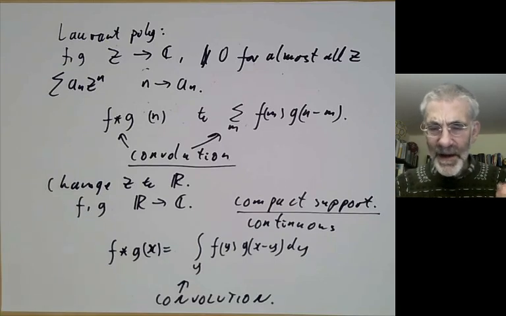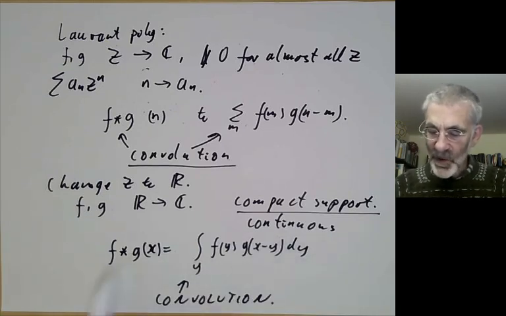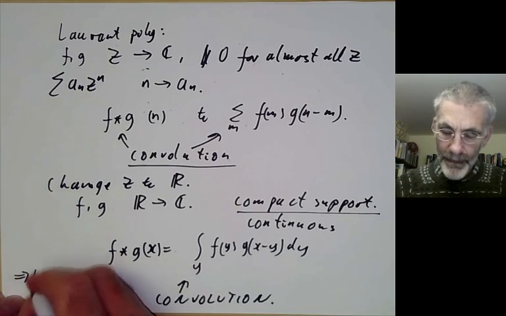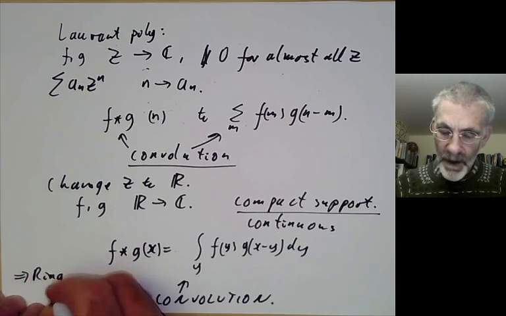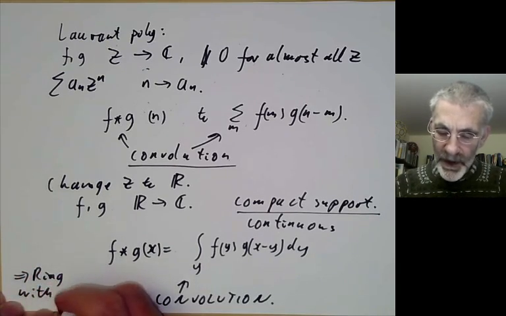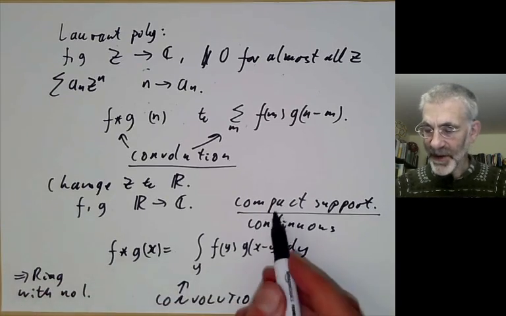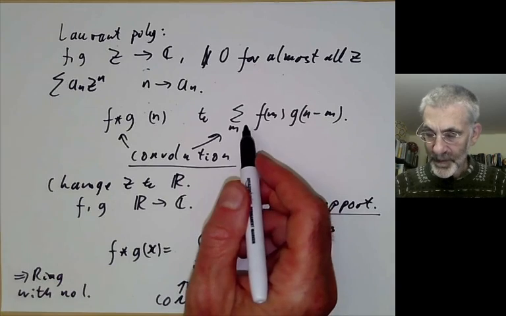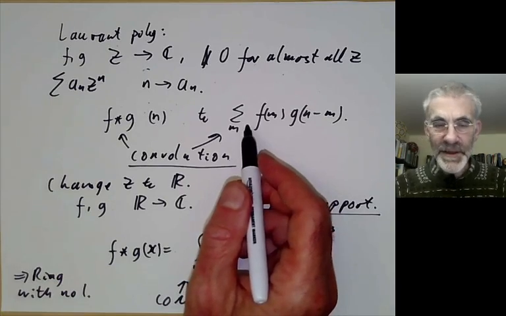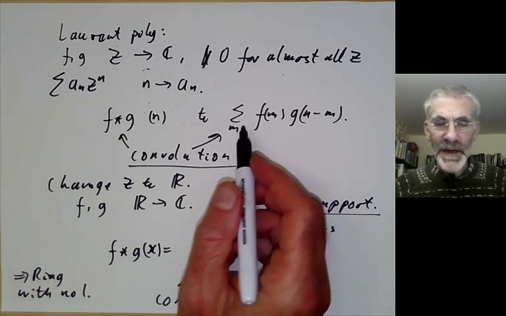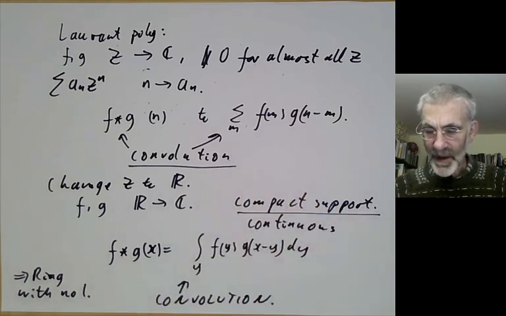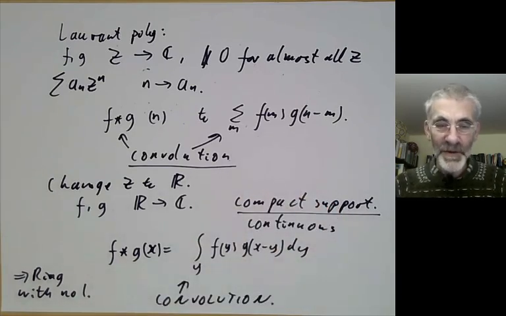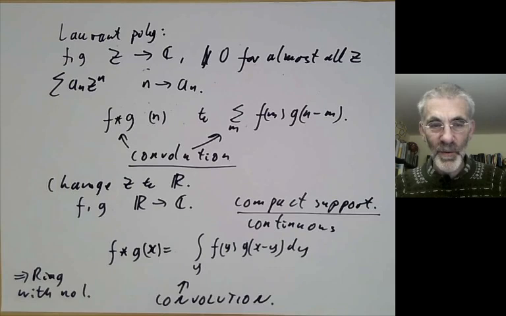When I say a ring, I should of course mean a ring with no identity element, because an identity element for this ring would have to be a function that had support just at 0 and has integral 1. And of course there are no functions whose support is a single point which have integral 1.